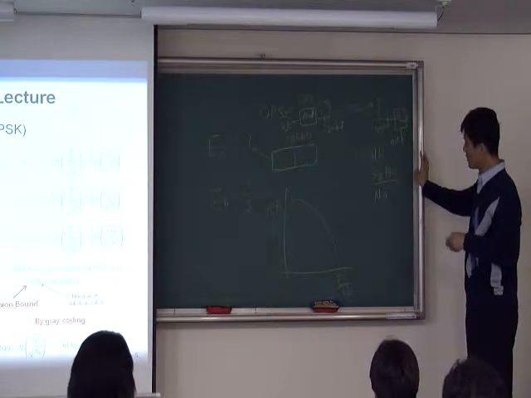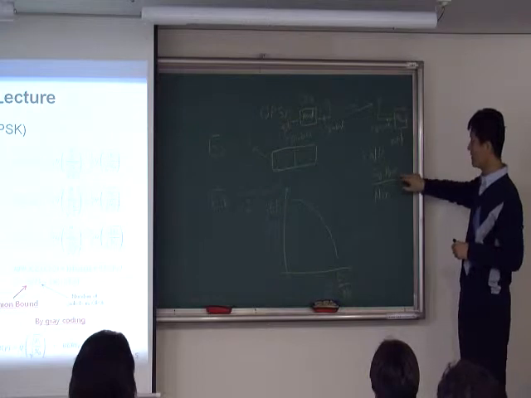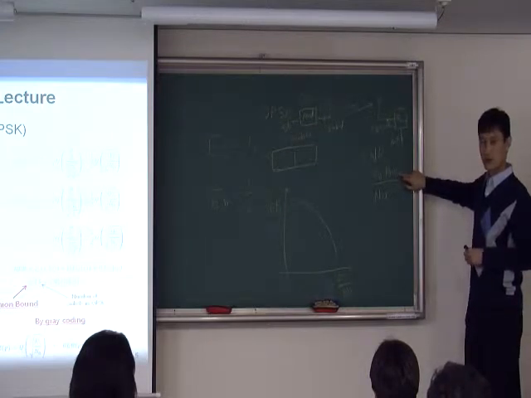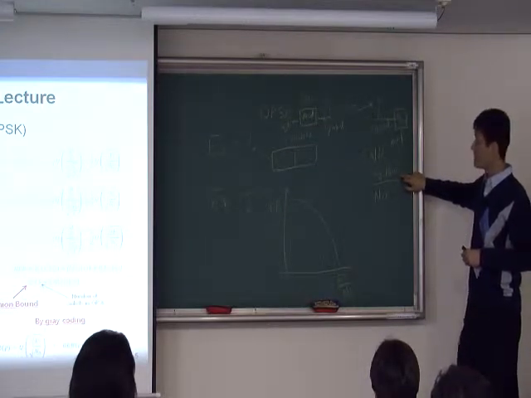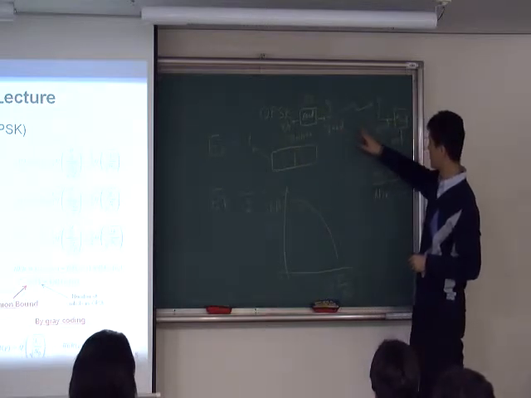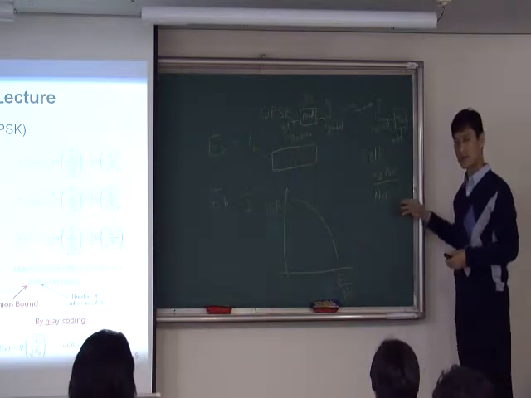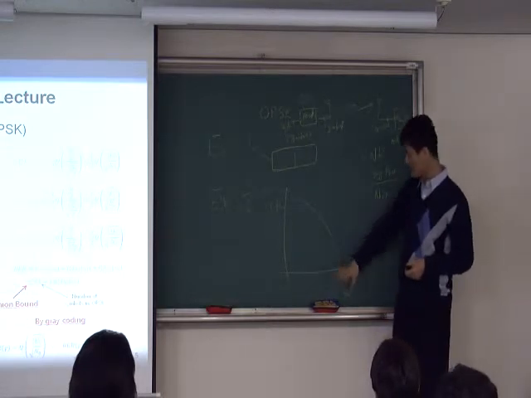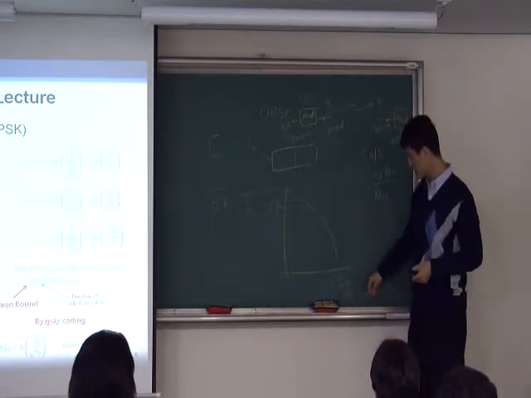when we talk about SNR, we want to define signal power clearly. So what is signal power? Is this the power here, or is this the power here? That's exactly what I mean by symbol error rate and bit error rate.